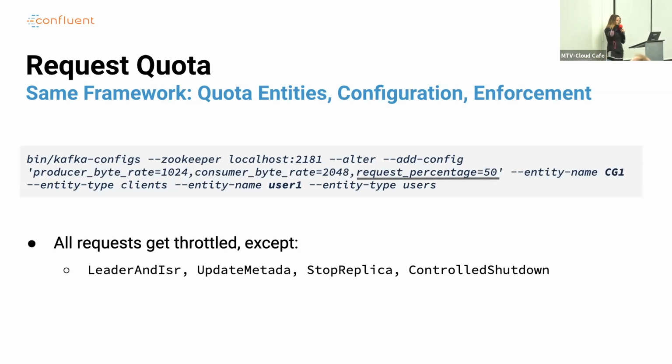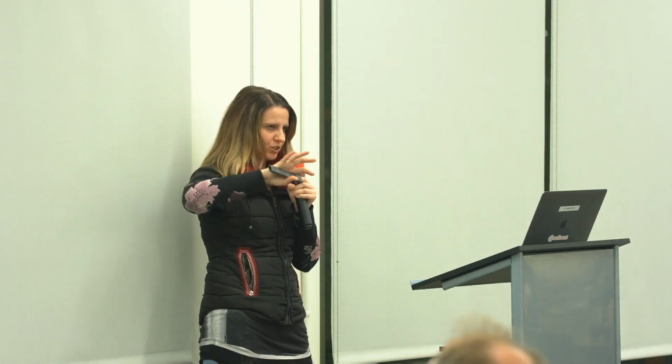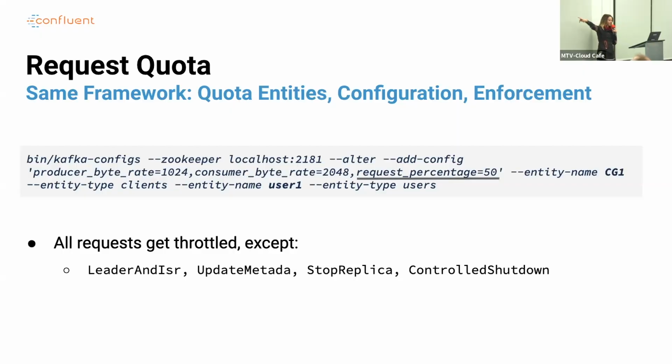Everything I described about quotas applies to the way you allocate them. The difference between bandwidth quotas and request quotas is that producer quotas only throttle produce and fetch requests, but with request quota, once you hit that limit on usage of threads, all requests get throttled, except some requests which I listed.